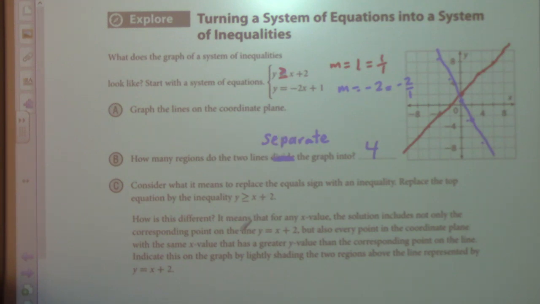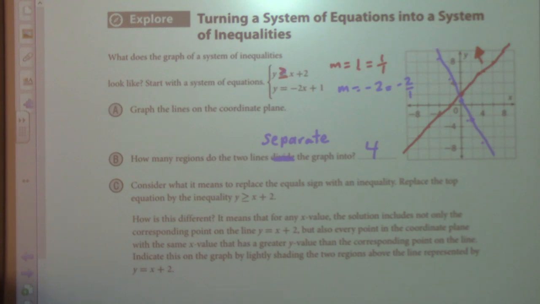And then it asks the question, how is this different? And that explains. It means that for any x value, the solution includes not only the corresponding points along this red line, but also every point in the coordinate plane with the same x value that has a greater y value. So we have y is greater than, and so we're going to include not only the solutions on the line, but also as solutions every point in that coordinate plane that is above that line.